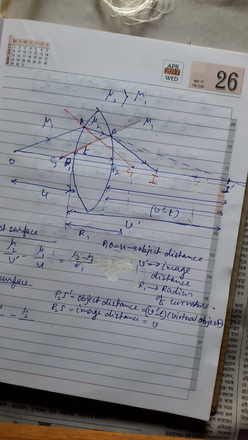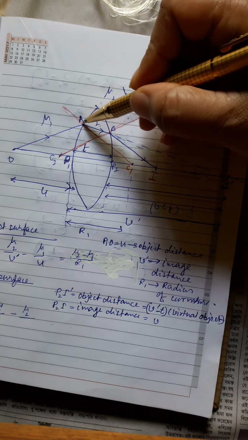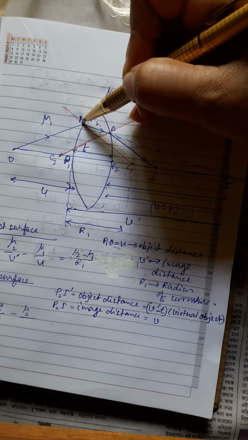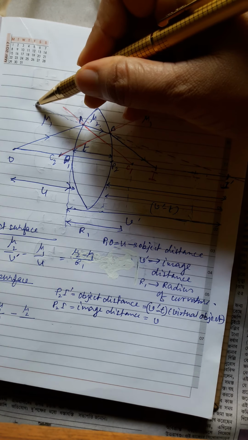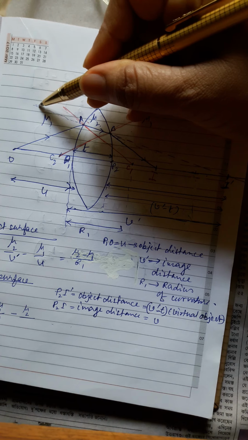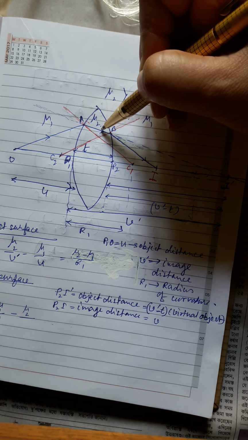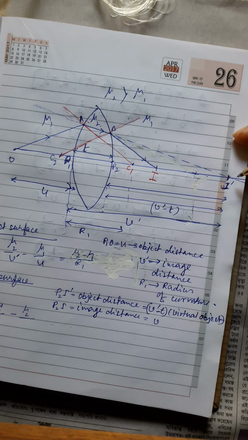Now for the second surface, what is the object distance? The incident ray gives us the position of the object. Remember that one. Now on the left side, look at the path of the incident ray. Is it coming from the principal axis? No, it is not coming from the principal axis. But on this side, it is cutting the principal axis at this point.